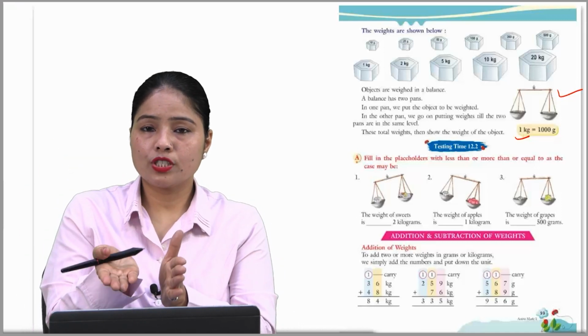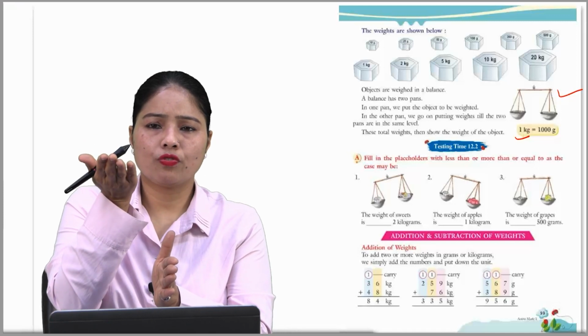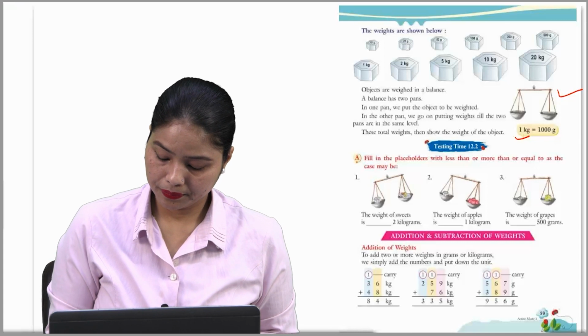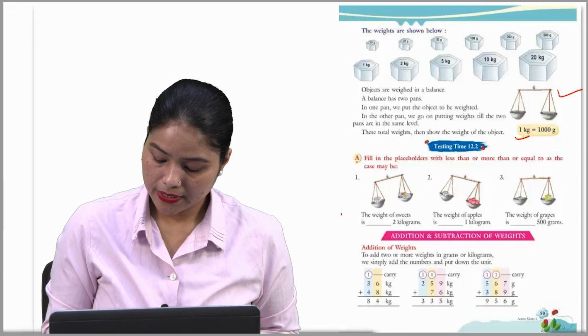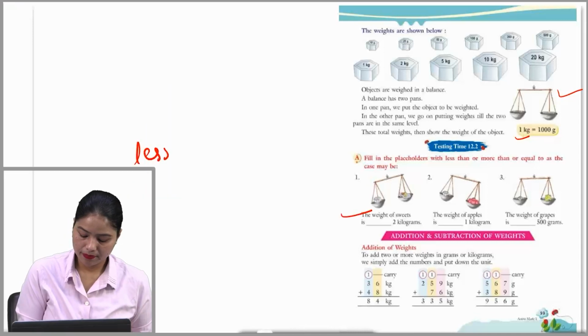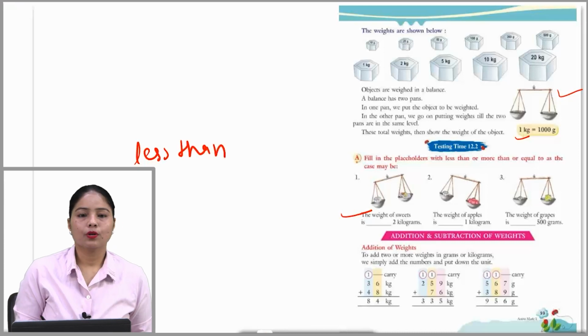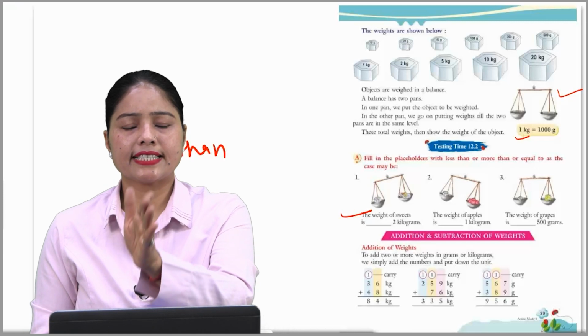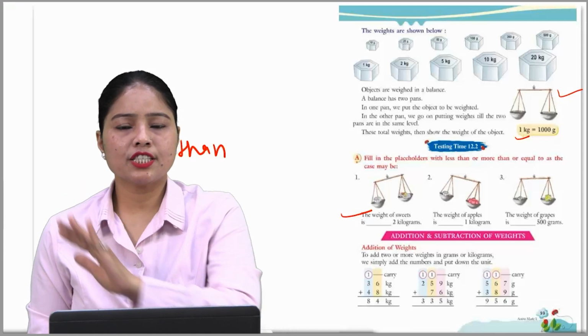Why less than? Because ये हमारा ऊपर की तरफ है. So write it like that, less than. Okay. Similarly, the weight of apples is more than? Yes, it's more. So fill it yourselves, beta.